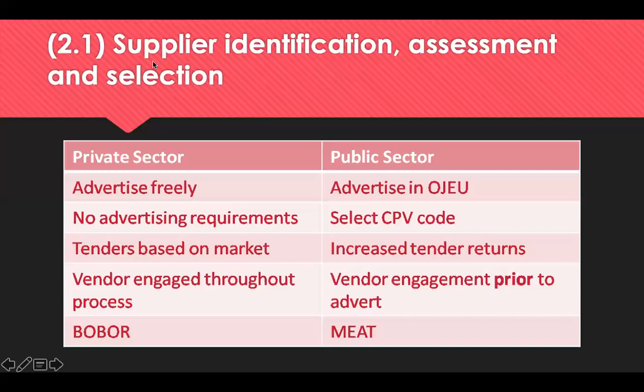But the public sector will use the most economically advantageous tender, the MEAT criteria. And that enables them to take account of criteria that's qualitative, technical, and sustainable aspects of the tender submission, as well as the price to reach an award decision.